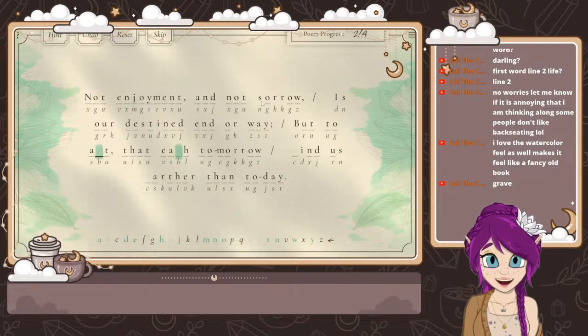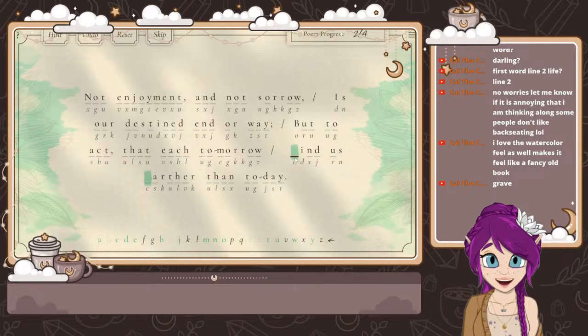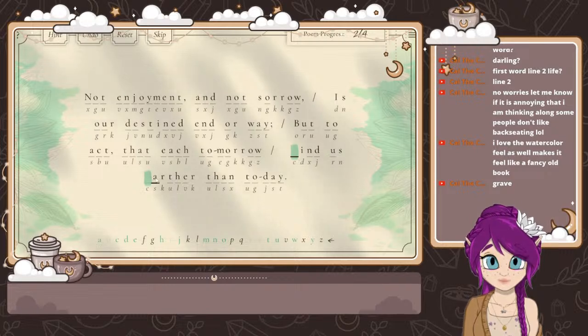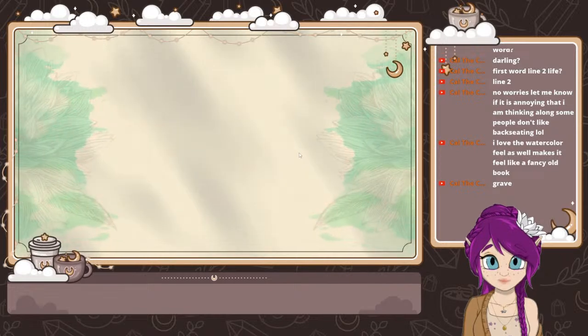Not enjoyment and not sorrow is our destined end or way, but to act that each tomorrow find us farther than today. Us. Kind. No, it's not K. There you go.